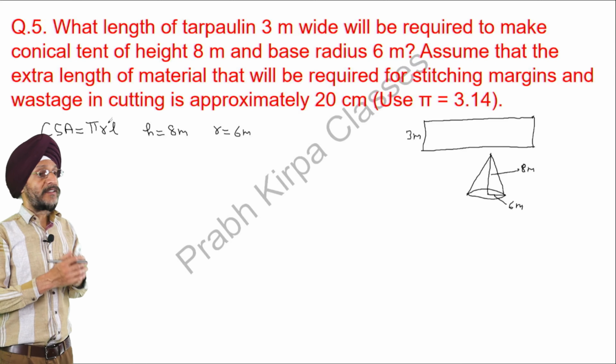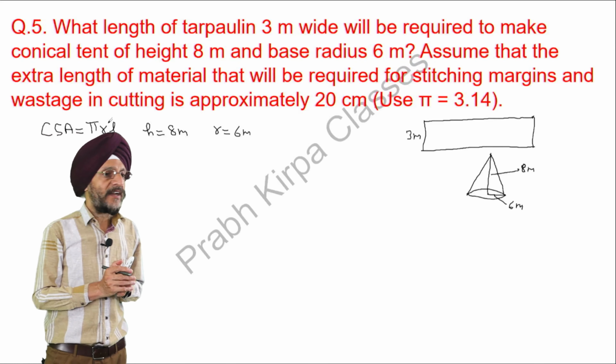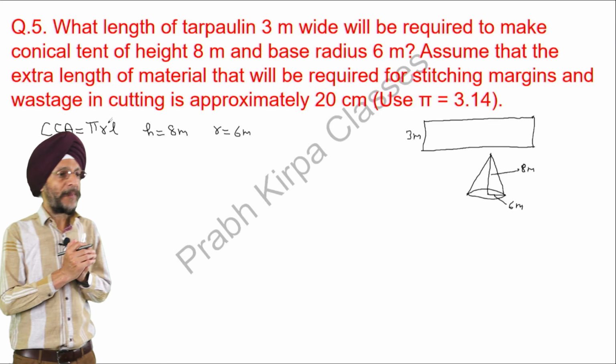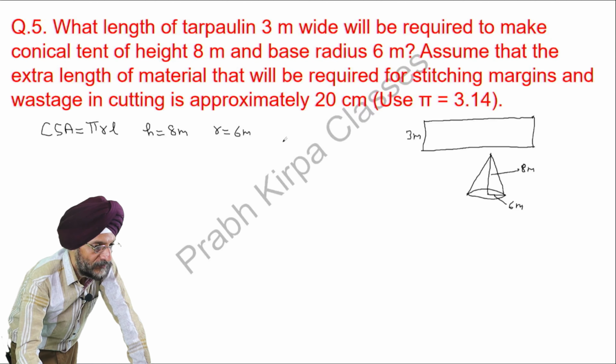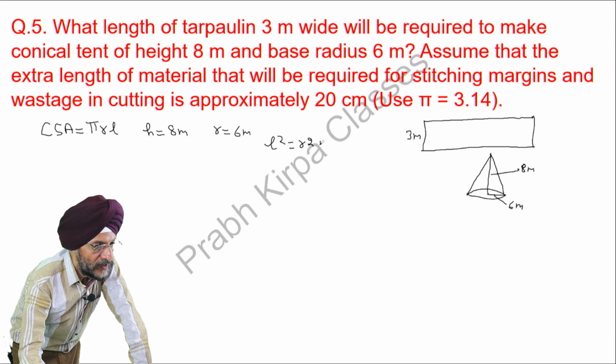We know that the slant height, radius and height are related to each other by the Pythagorean theorem, and the relationship is shown by the formula L square is equal to R square plus H square. In other words, slant height L is equal to under root R square plus H square.